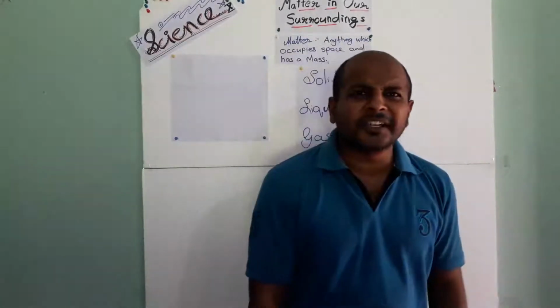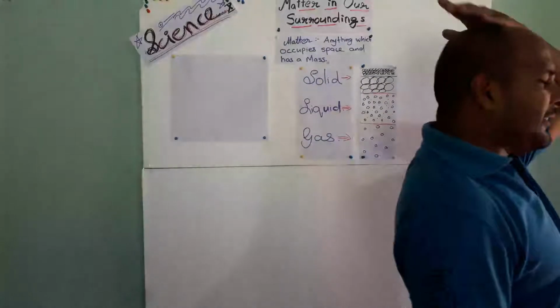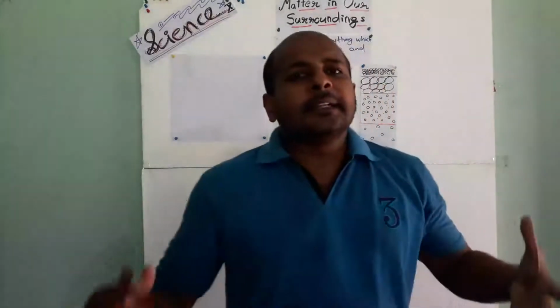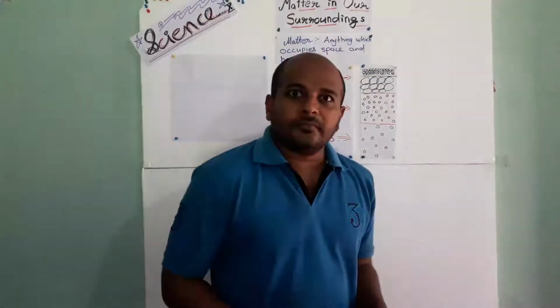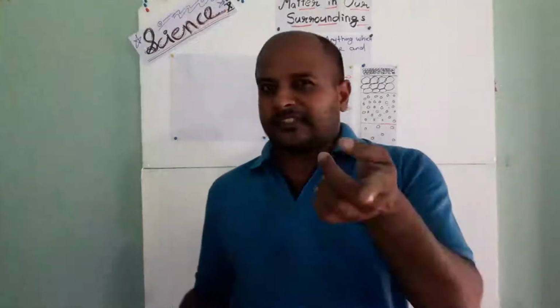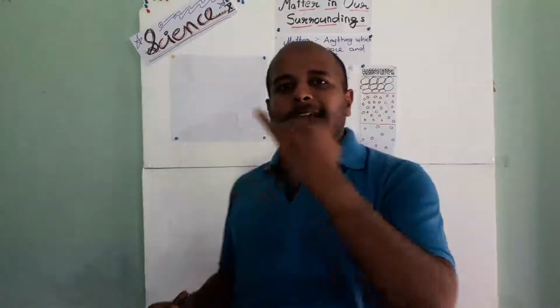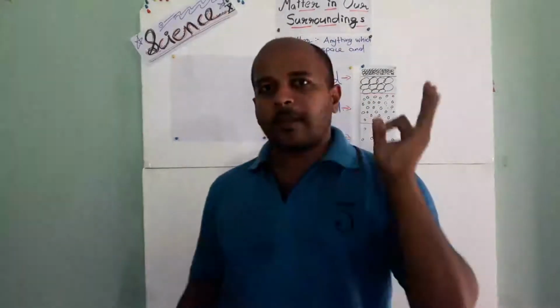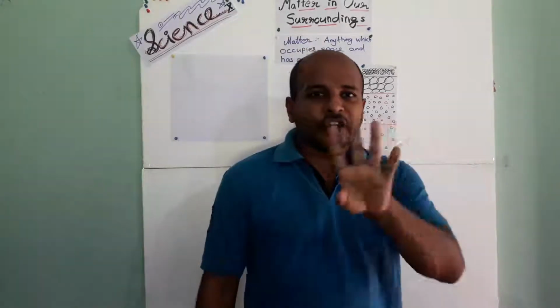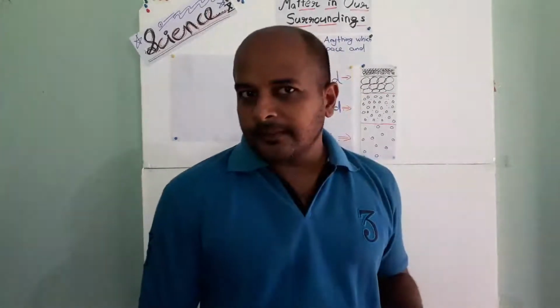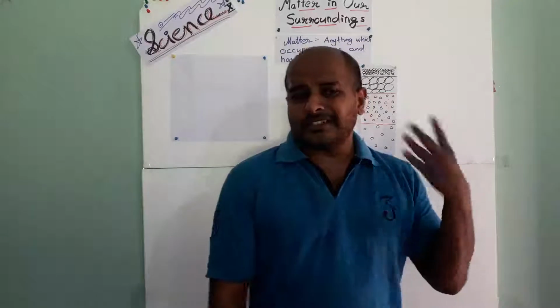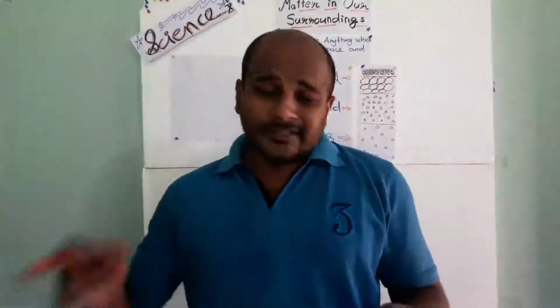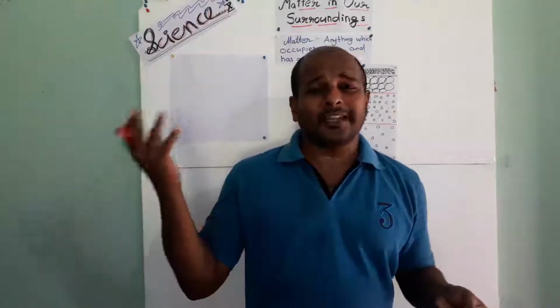And another thing is that the particles of matter attract each other. A good proof, which I think we discussed in the last class: a nail, a chalk and a rubber band. Three different types of solid. Chalk, you have seen that in school. Nail, wherever you look, you can see a nail.